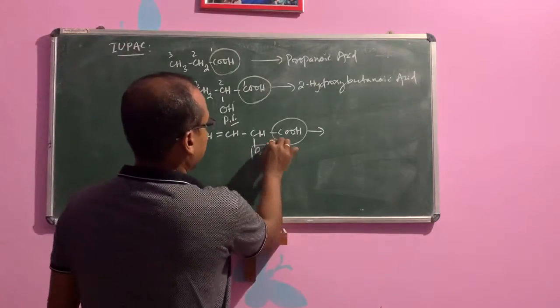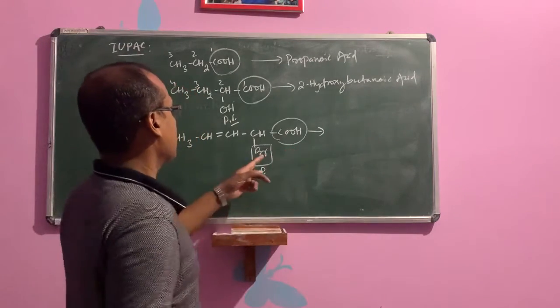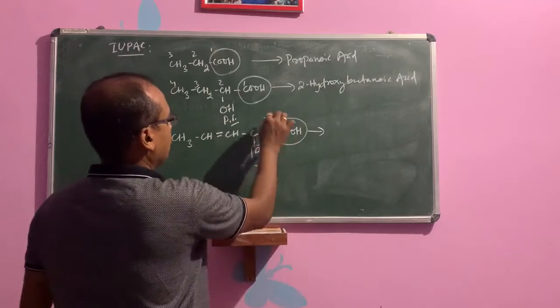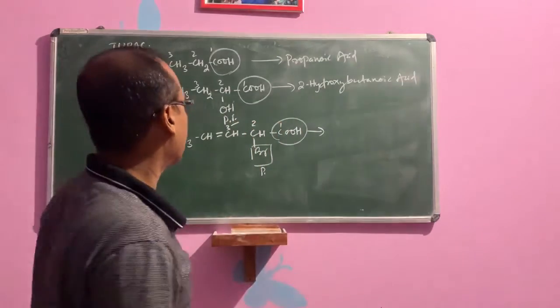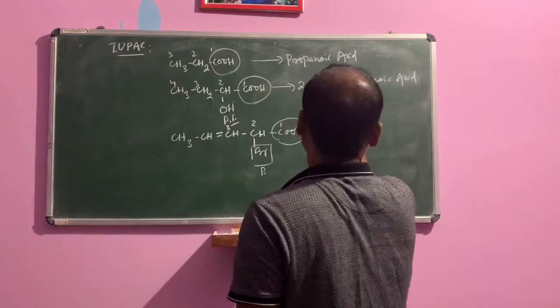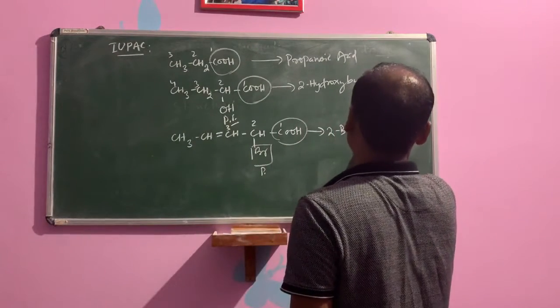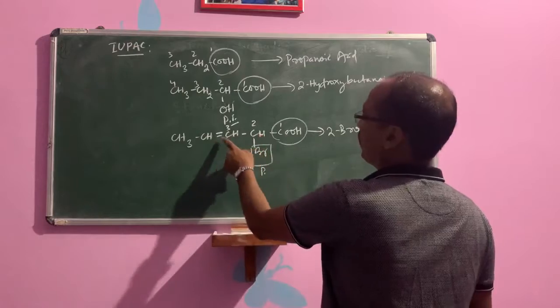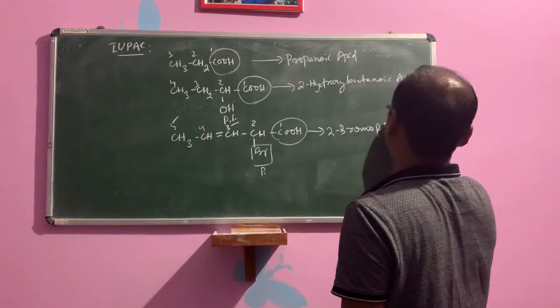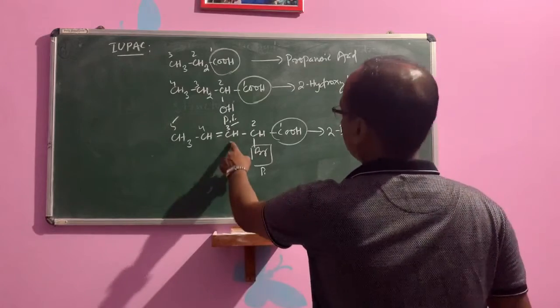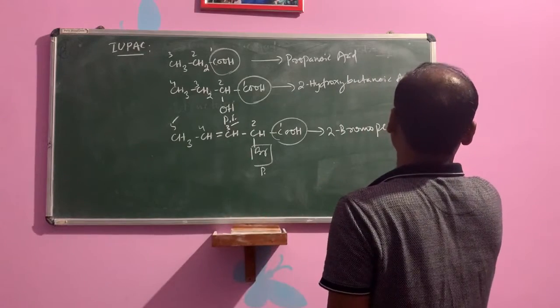Similarly, we can write this one. This is the prefix, at position 2, bromo. So 2-bromo. 1, 2, 3, 4, 5, pent. The double bond is at position 3, so 3-en.